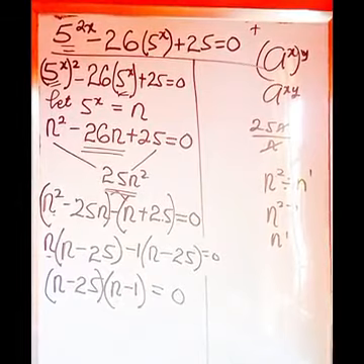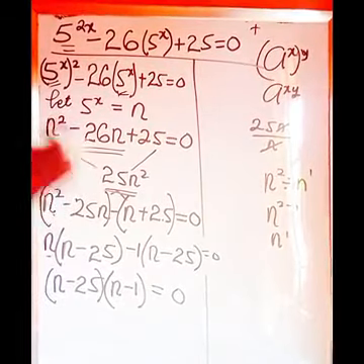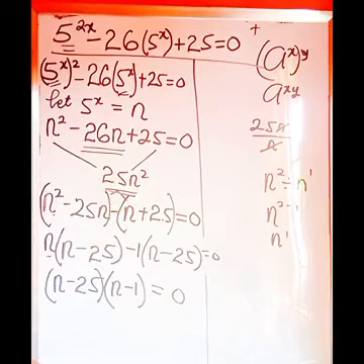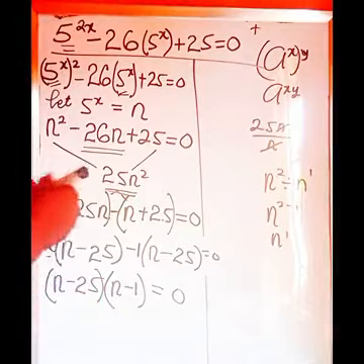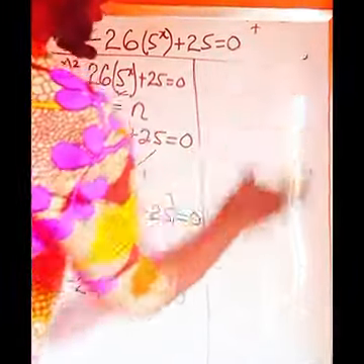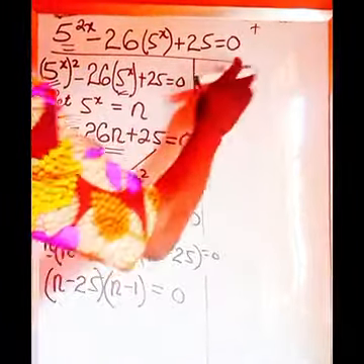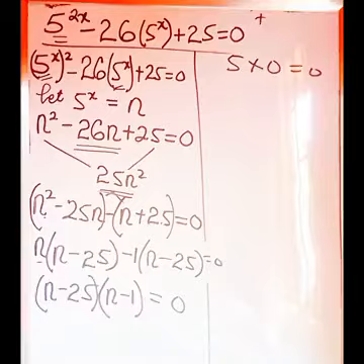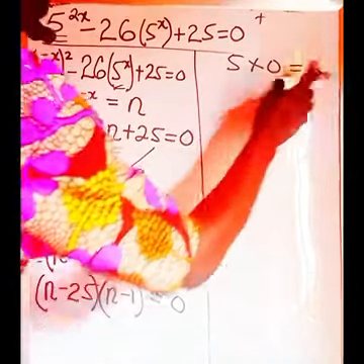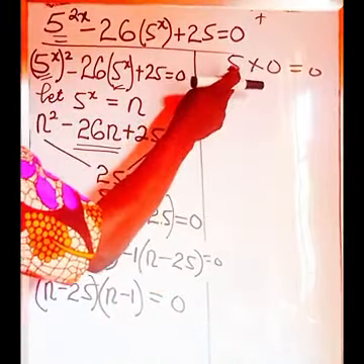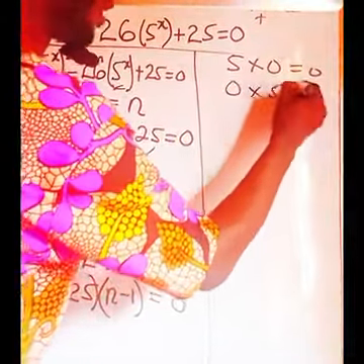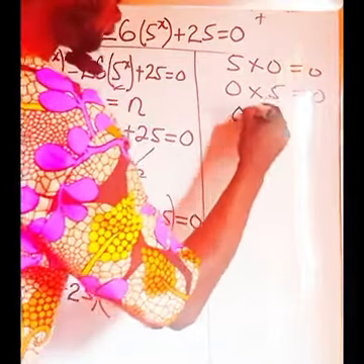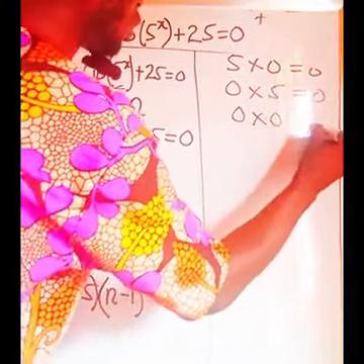Now, if two numbers multiplied give us 0, it then means that either one of them is 0 or both of them are 0. For example, if we have 5 times 0, that means either this is 0 or this is 0, or 0 times 5 equals 0, or 0 times 0 equals 0.